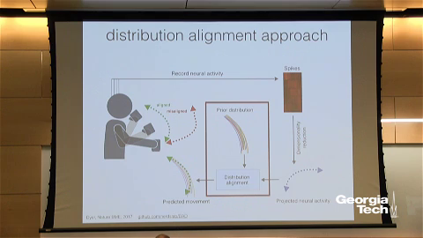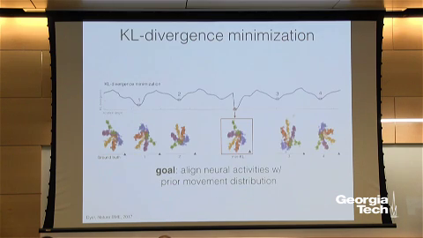Once we have this projected neural activity, we'd like to find a way to align it onto a prior distribution over movements, and then assess how well these two match. This will give us a way of doing model selection and figuring out when we have a good dimensionality reduction technique. The way that we do that is through something called KL-divergence minimization.